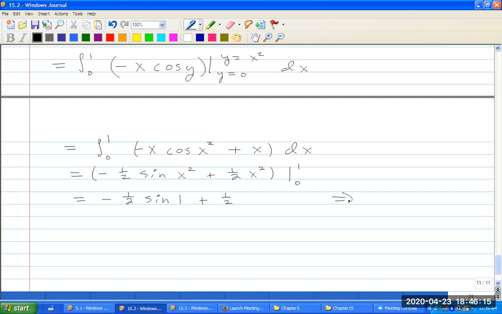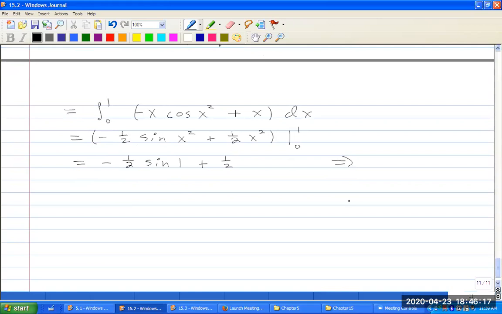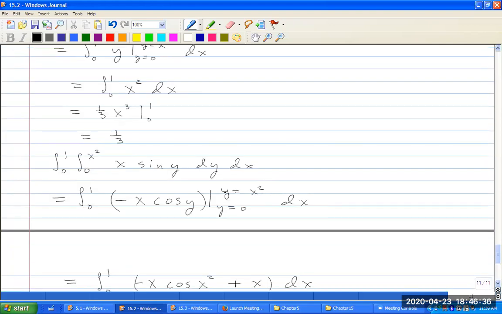So now let's find the average value. The average value was equal to 1/2 times 1 minus sine 1, divided by, I think it was 3/2, if I remember correctly. No, not 3/2, it was 1/3.